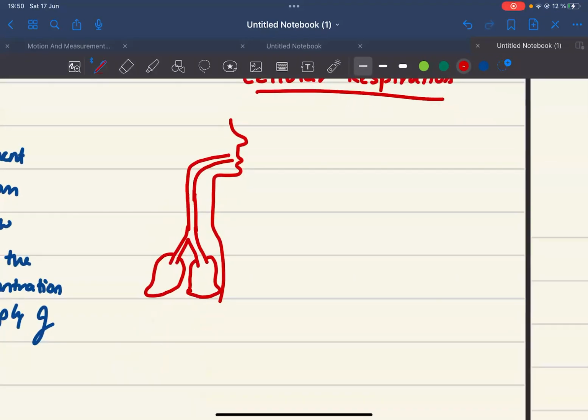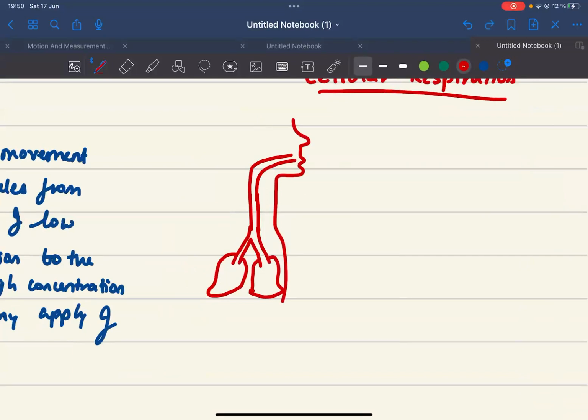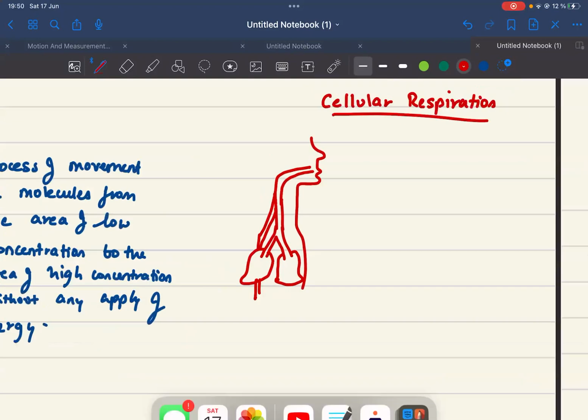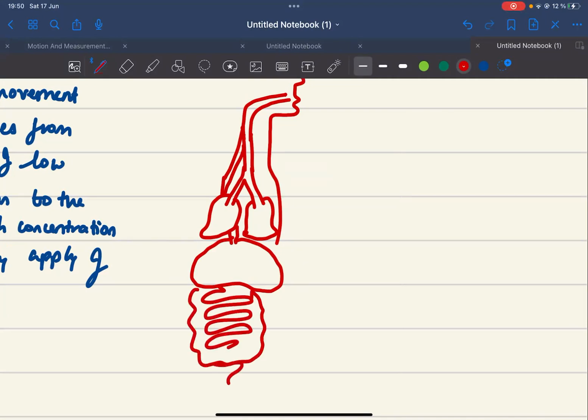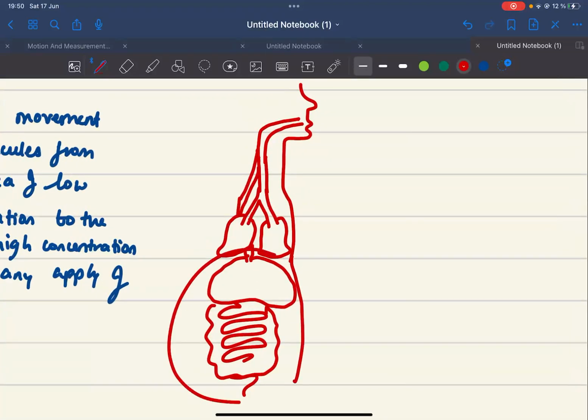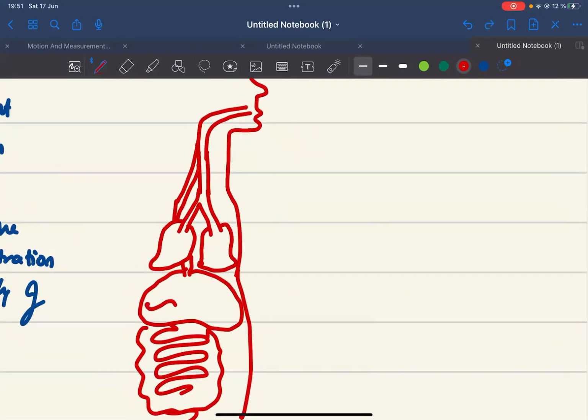So all the food that you consume, this is the digestive part, this is the respiratory part. The food that you consume is going and being stored inside your stomach. It is broken down in the HCl, the acid that is present in your stomach. And you know that here also oxygen will be reached. Oxygen will be reached to every part of the body.